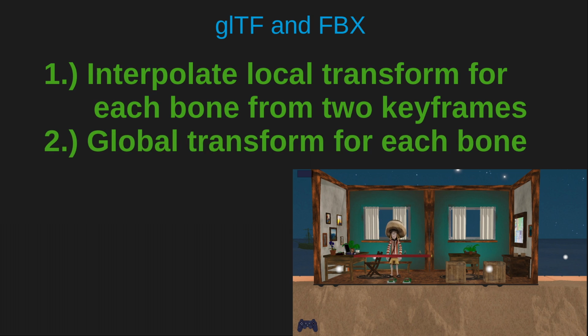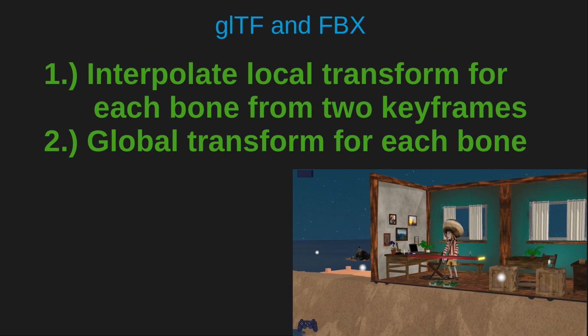Next, the global transform for each bone is calculated as per the formula global transform equals parent global transform times local transform. This formula requires the parent transform to be already up to date. This is why we traverse the tree hierarchy of the skeleton starting with the root and recursively.